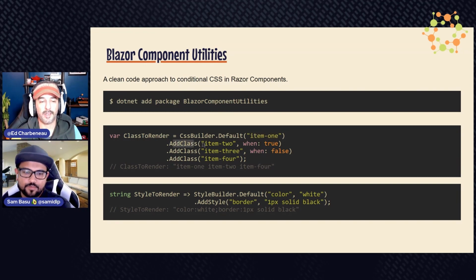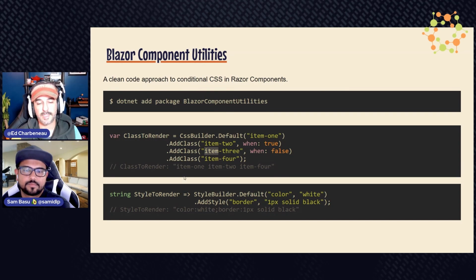So I want to add a class called item 2 when some condition is true. And then I want to add item 3 when some condition is true, but in this case it's false. So it's going to omit item 3, and then it's always going to have item 4 as well. So what ends up happening is you get item 1, item 2, and item 4. And since this is false, it's going to take 3 out.